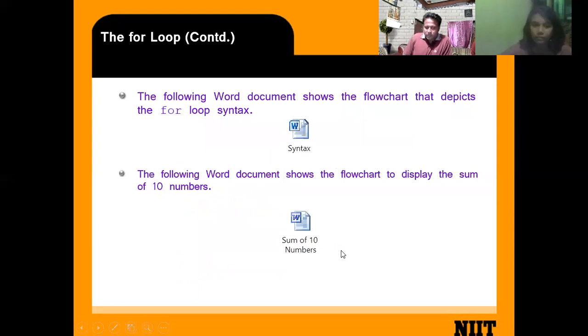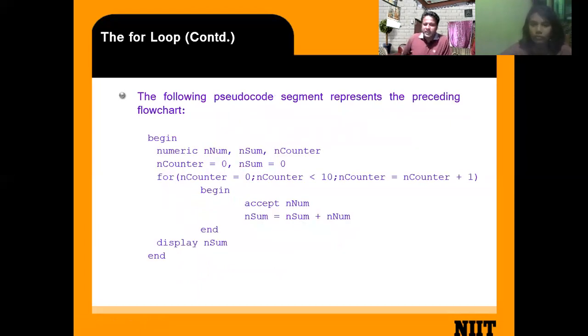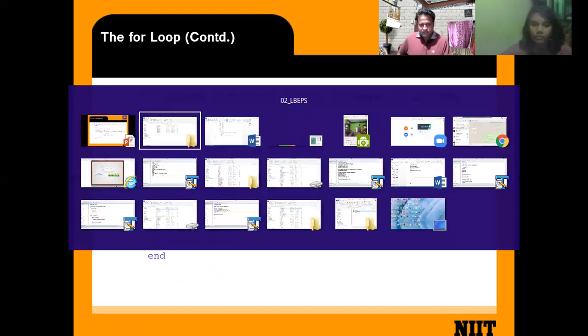I will show you a simple example to display 1 to 10. How will a loop display from 1 to 10? So let's see here.